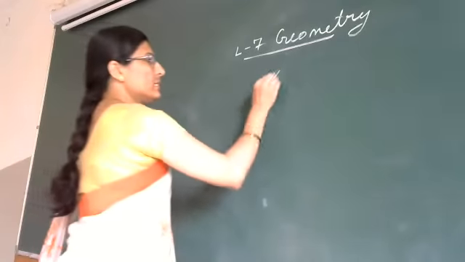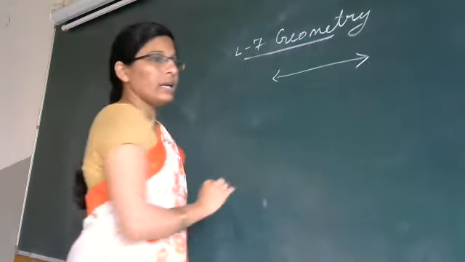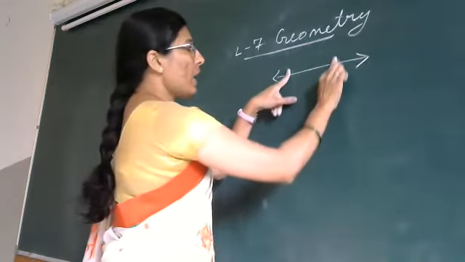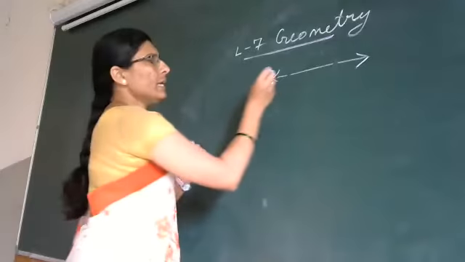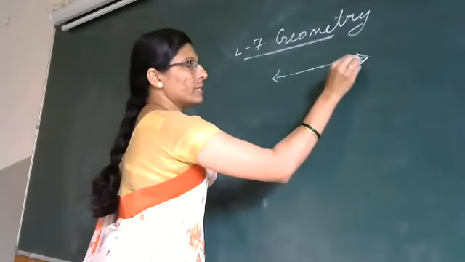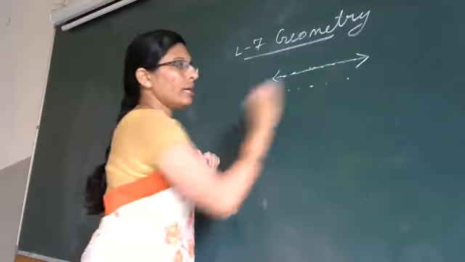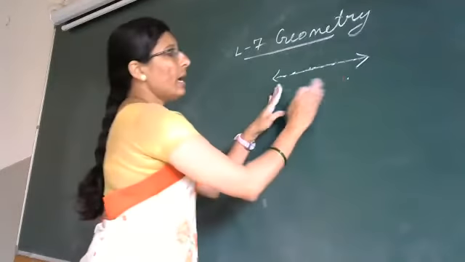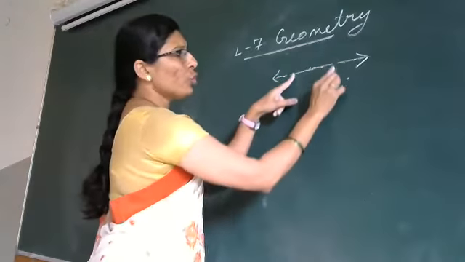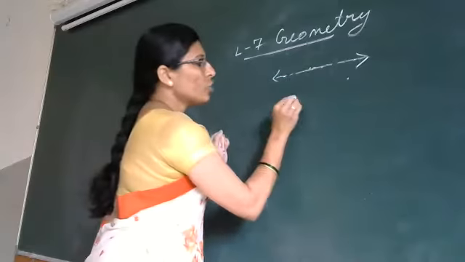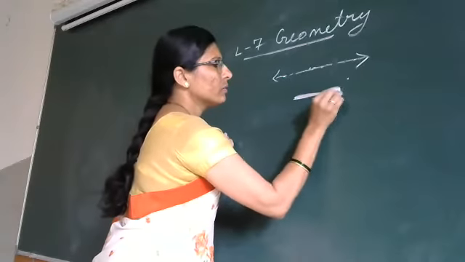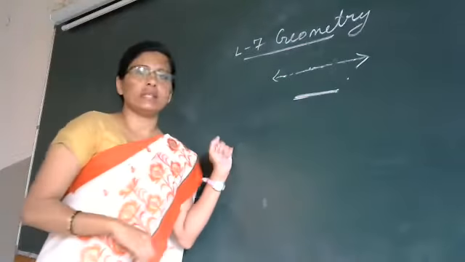Now, if this is a line and I remove some part from it. See, a line is made up of many points. I told you a line is made up of many points. If I remove these two points, I will get this. So what is this?